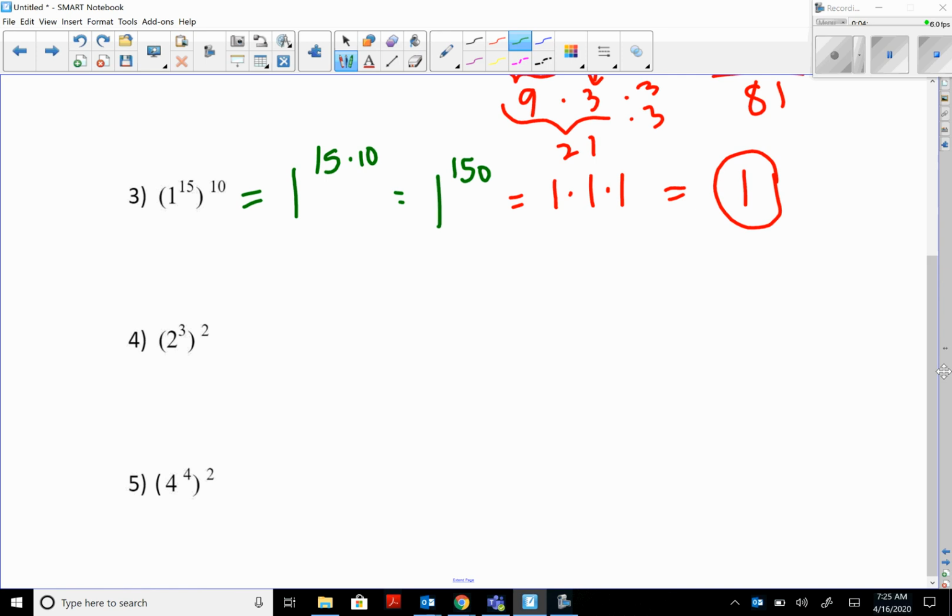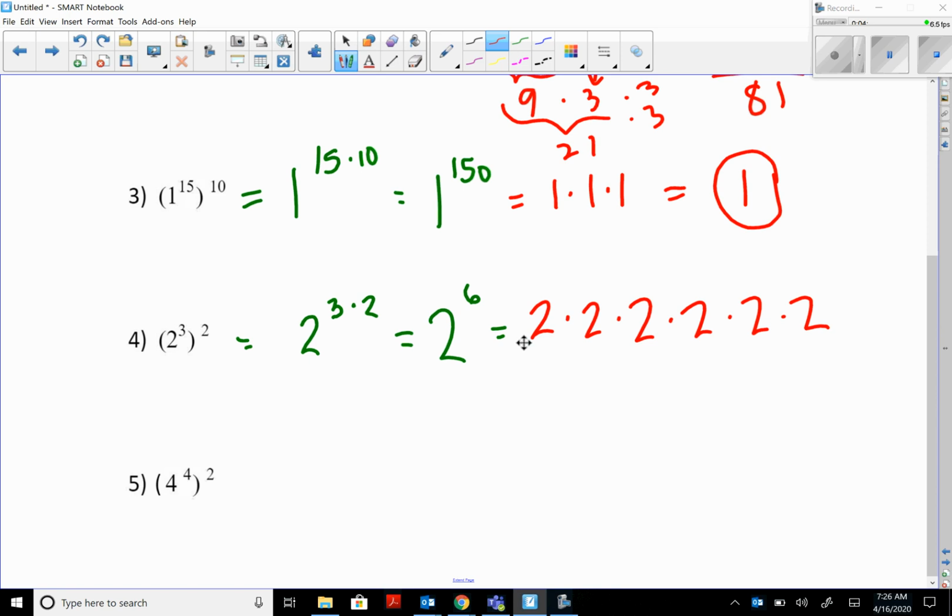Okay, on number 3, step 1, we're going to use the power of a power property, which means we're going to multiply the exponent of 3 times the exponent of 2. So that would be 2 to the 6th power. This one's a little tricky. All right, so I'm trying to do all these without a calculator. 2 to the 6th power means I'm multiplying 2 times itself 6 times.